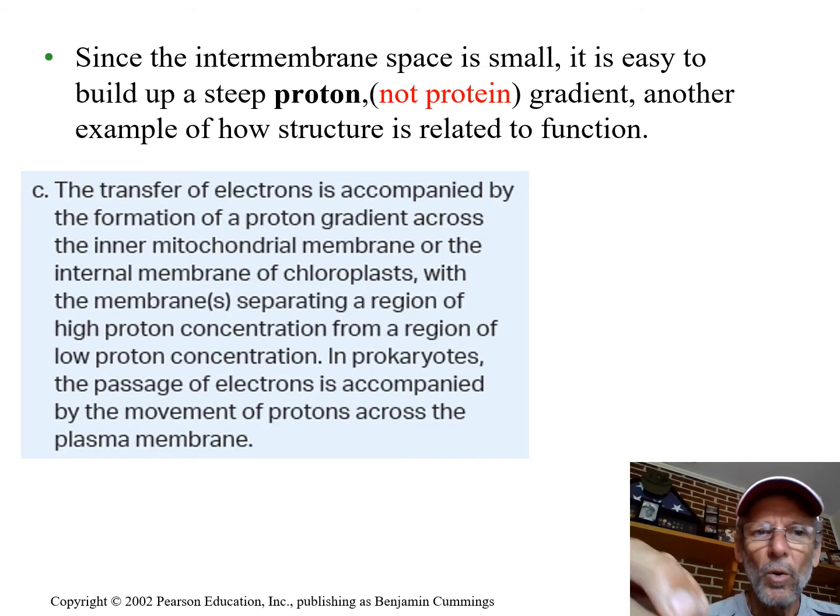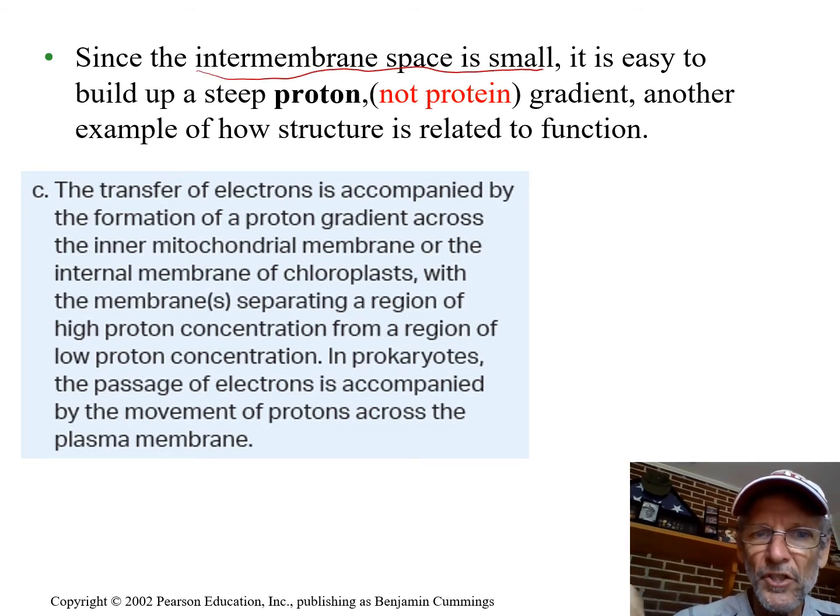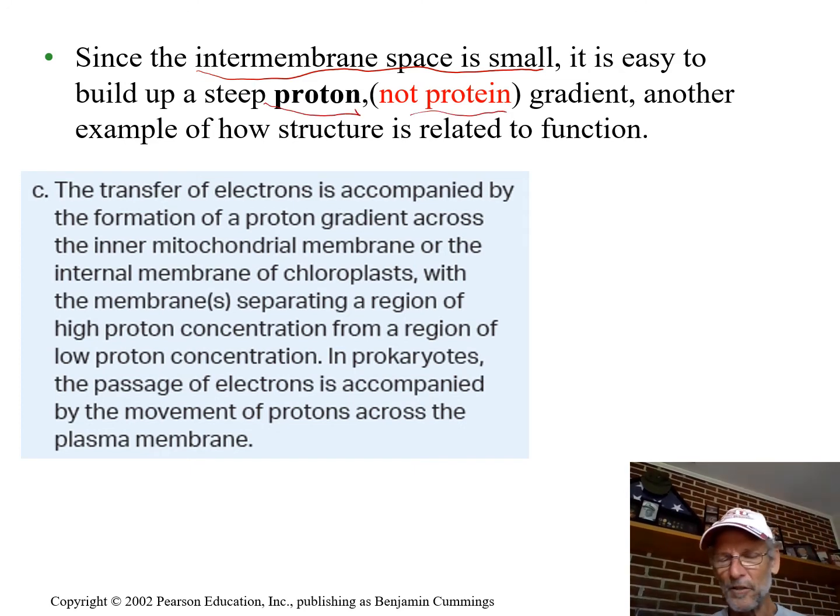Okay, so here's another example of how structure is related to function. Since that intermembrane space is small, when you pump protons in there, it's easy to make a gradient. Proton gradient, not protein. This is a common vocab mistake, so you don't want to say that.